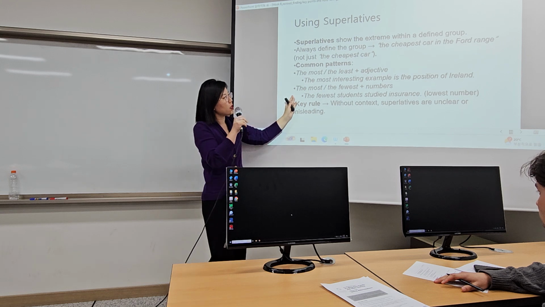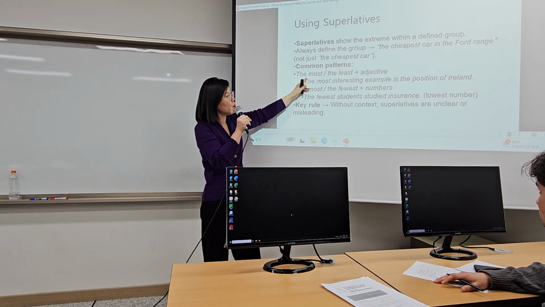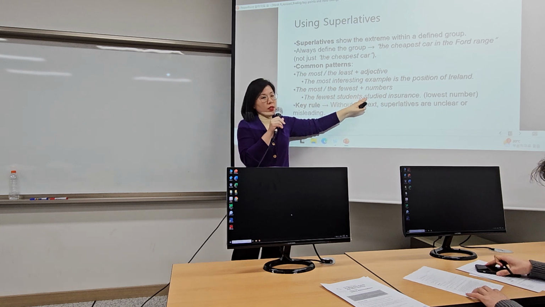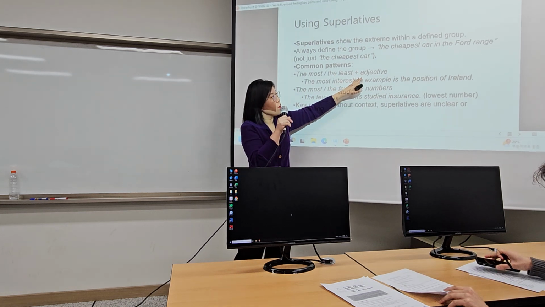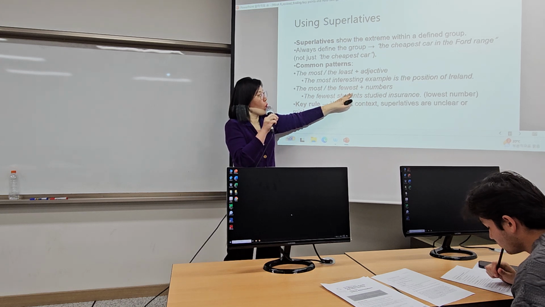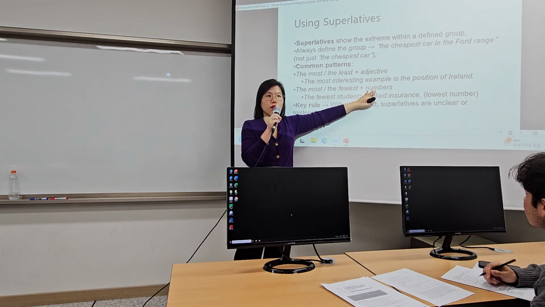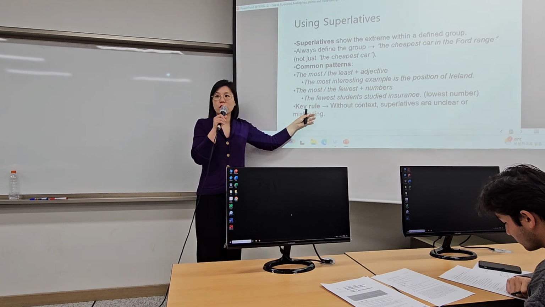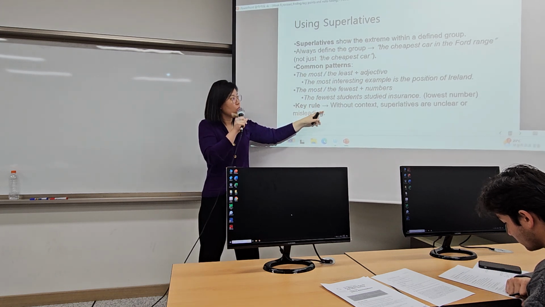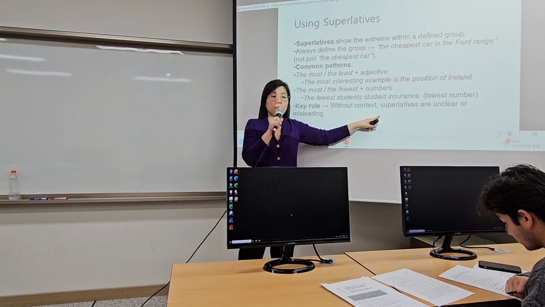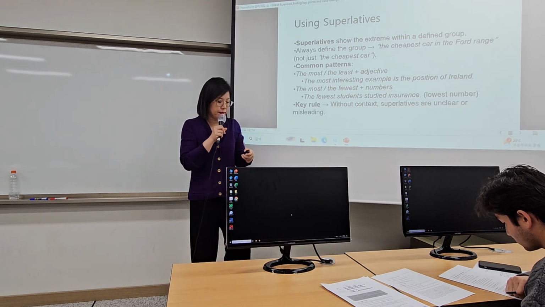And these are the common expressions that you can use: the most, the least plus an adjective, or the most, the fewest plus numbers. So either you can add the superlatives before the adjective, or you can use it to signify numbers, right? So this is again very important. If you were to use superlatives, you have to define the context. You have to specify the group, okay?